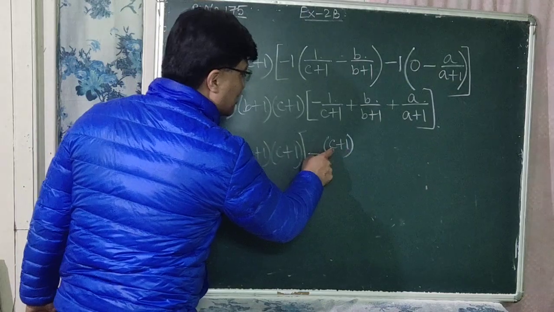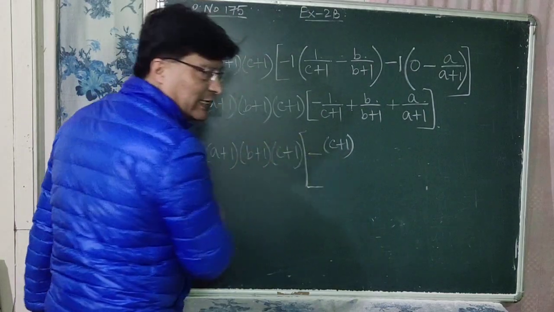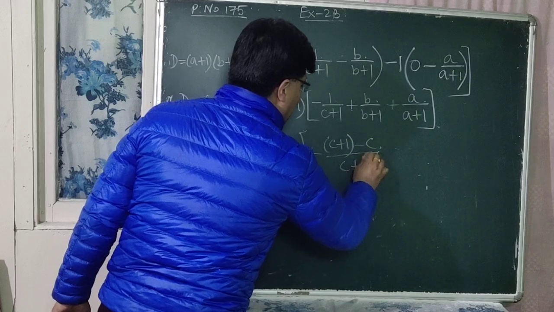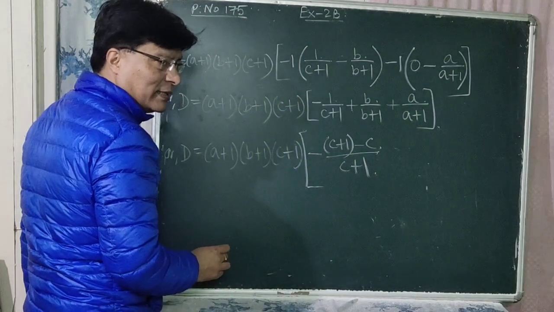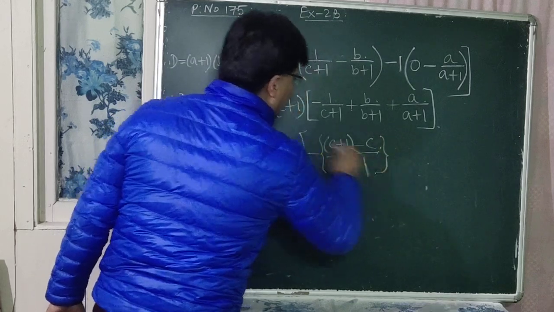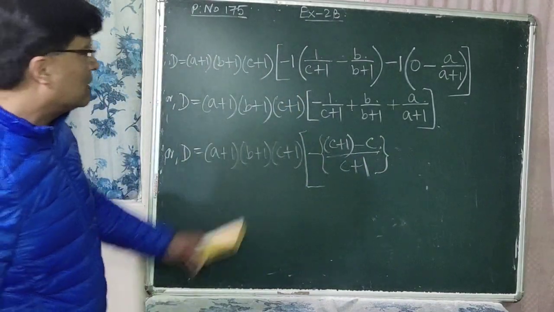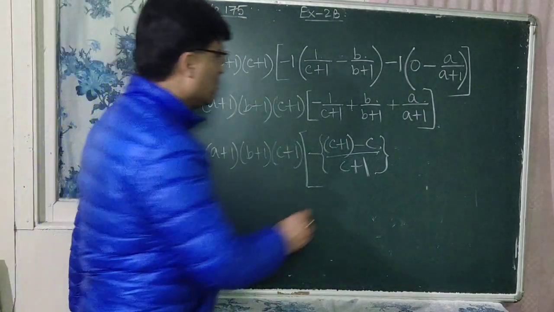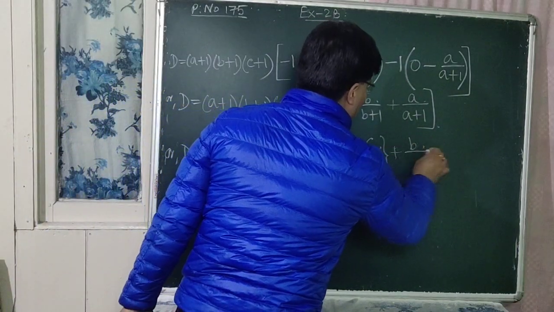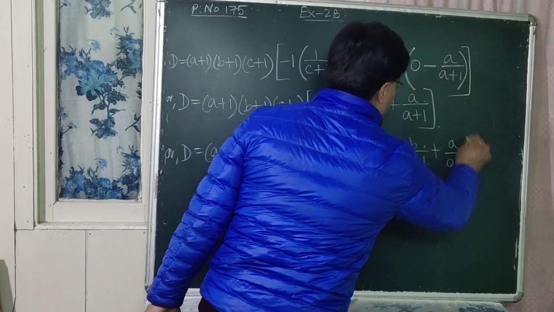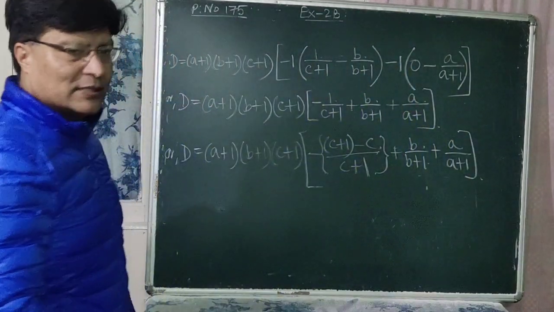That means you have to cancel this c. So you should write minus c divided by c plus 1. Is it clear? So let us write it within the second bracket, and the second term and third term remain the same. Plus b upon b plus 1 plus a upon a plus 1. Is that clear?